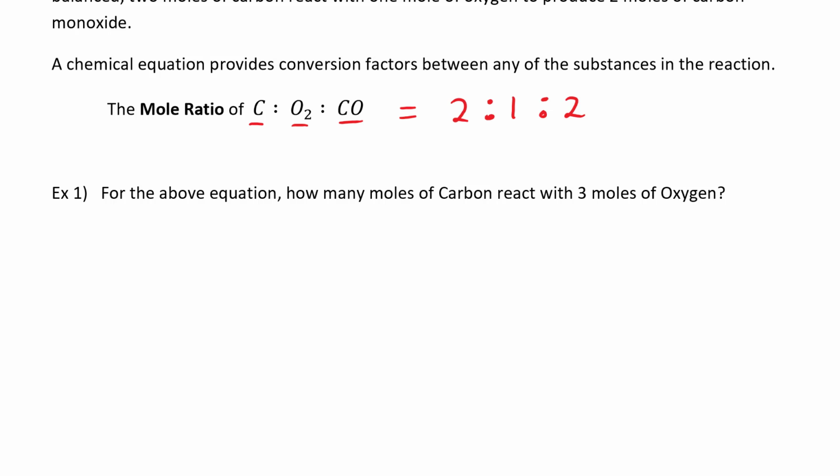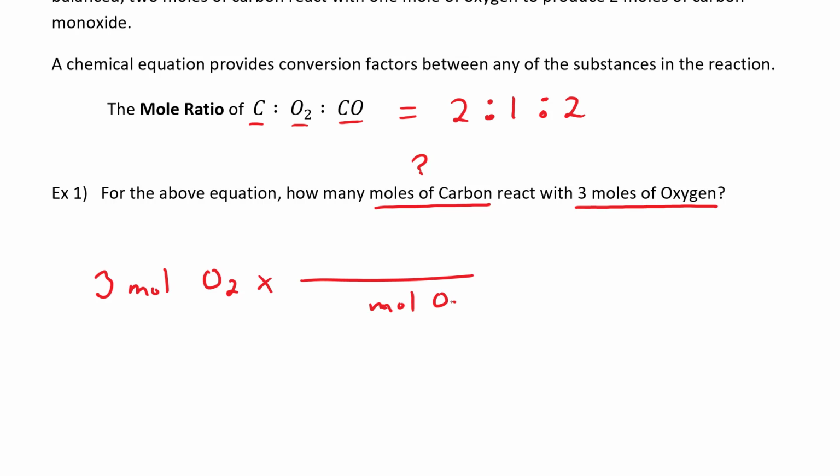For the above equation, how many moles of carbon are required to react with 3 moles of oxygen? So I write down what I'm given. 3 moles of oxygen. I want to go from moles of oxygen to moles of carbon. What I do, I go to my balanced chemical equation now.